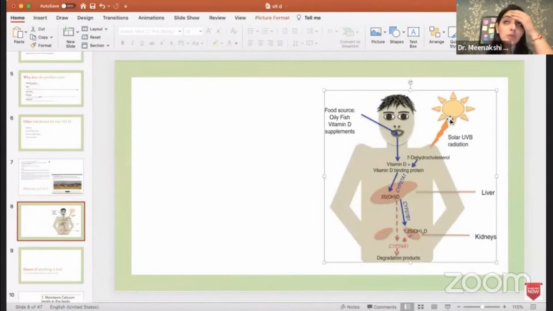So for us to be able to utilize vitamin D, it has to undergo two processes within our body. जब हम vitamin D को अपने sunlight के द्वारा या फिर food sources के द्वारा लेते हैं तो it undergoes some changes in the liver and then in the kidney. तो अगर कहीं पे भी liver की problems आएंगी या फिर kidney की problems आएंगी, then there will be a problem in absorbing vitamin D. And conversely, अगर हम बहुत ज्यादा विटामिन डी कंज्यूम कर रहे हैं, टॉक्सिक लेवल्स पे, तो हमारे लिवर पे भी जोर पड़ेगा और किडनी पे भी जोर पड़ेगा। इस चीज का हमें खास ध्यान रखना है कि ये इसका पाथवे है for it to be utilized within the body.